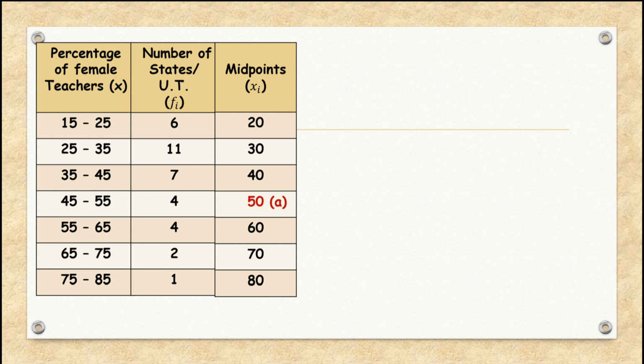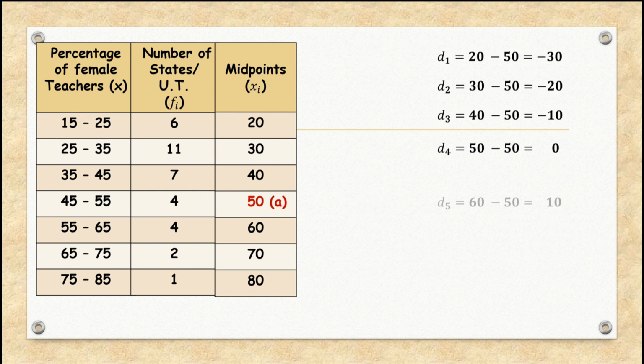Now we need to create a column for deviations. To find the deviations, subtract the assumed mean, that is a, from the midpoints, that is xi. So if you observe, the first midpoint is 20. So you have to subtract 20 minus 50. If you have a positive sign and a negative sign, you have to choose the operation subtraction. Subtract 50 minus 20, which is 30.